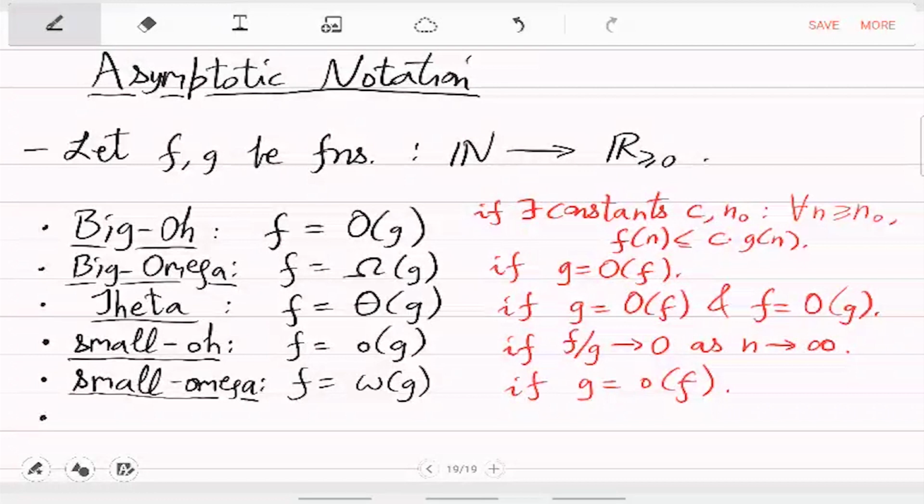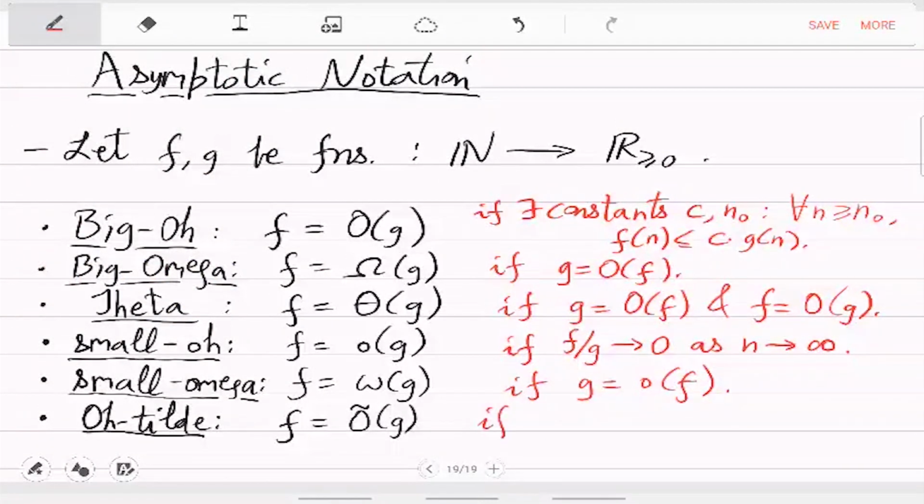And finally there is also an O tilde. What's that? So f is O tilde of g if this is like big O, but here the constant multiple is relaxed. It is relaxed to smaller functions of g.